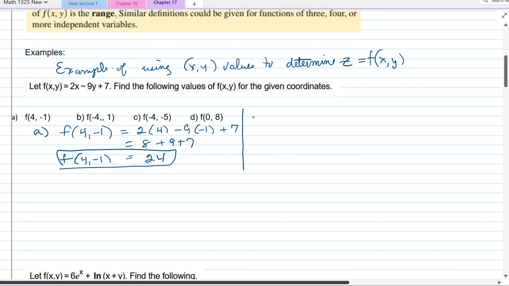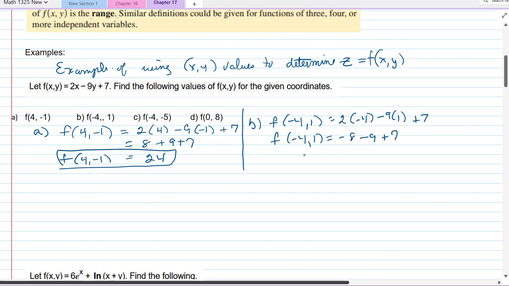Well, let's look at our B. Our B says that the function at negative 4 and 1. So this means that I'm going to have 2 times the negative 4 minus 9 times the 1 plus 7. And again, you can do this on your calculator, but this is a negative 8, a negative 9, and a 7.